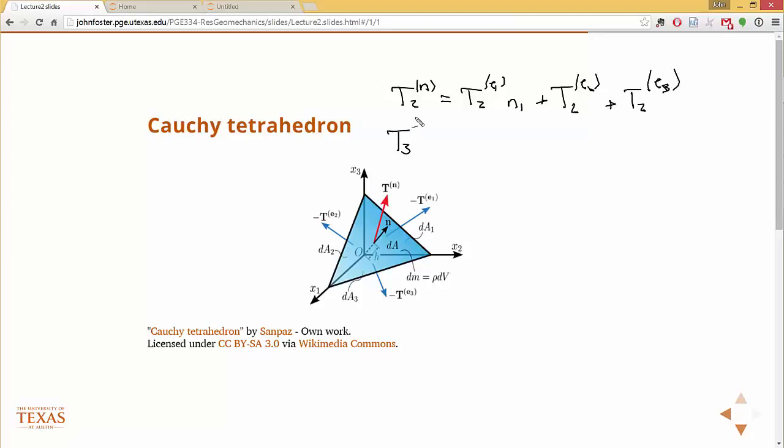And T3. Okay, and so with the additional T1 that I lost, and you can see this is nothing more than a matrix equation.